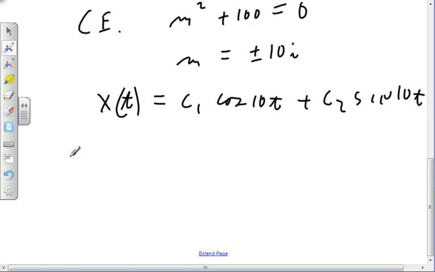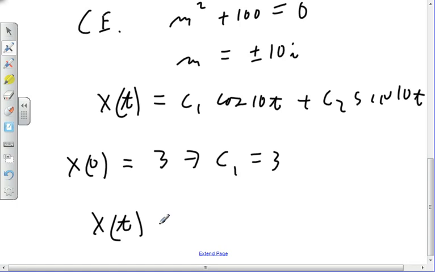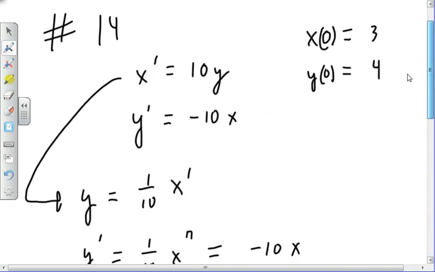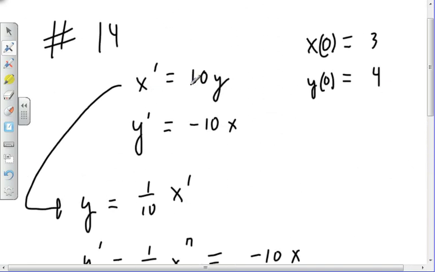I'd apply an initial condition, x at 0 is 3, implying that c1 is 3. So now I know x of t is equal to 3 cosine 10t plus c2 sine 10t. And then I'd come back and say that x prime is 10y.